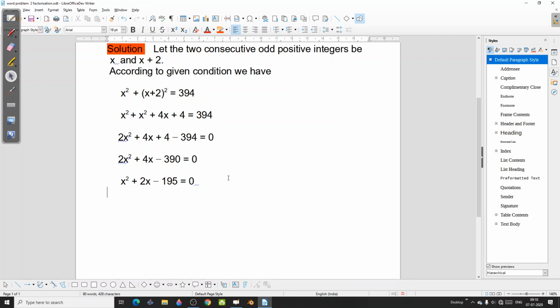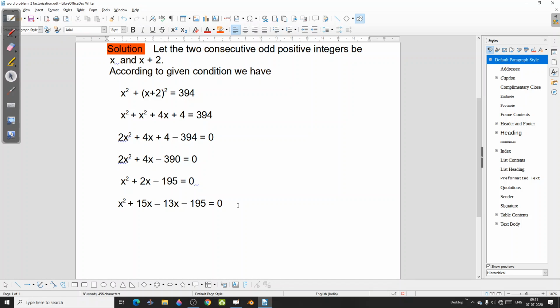So here we will write x square plus 15x minus 13x minus 195 equal to 0. You can check also, if you multiply 15 and minus 13, you get minus 195, and on adding them we get 2x.